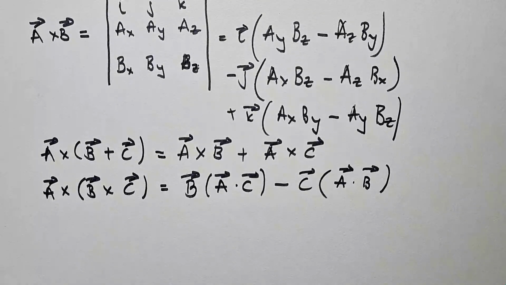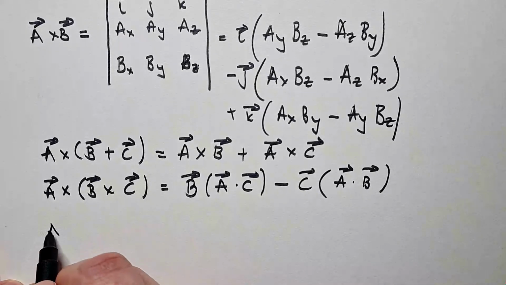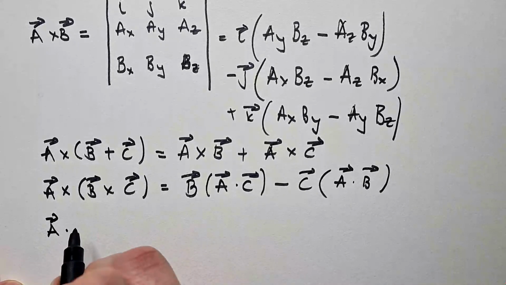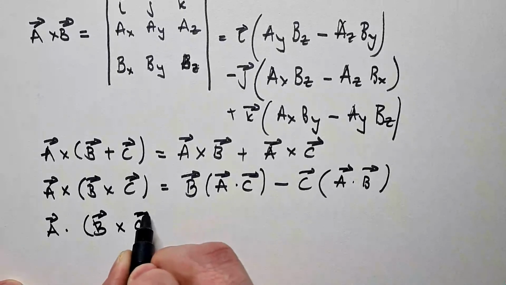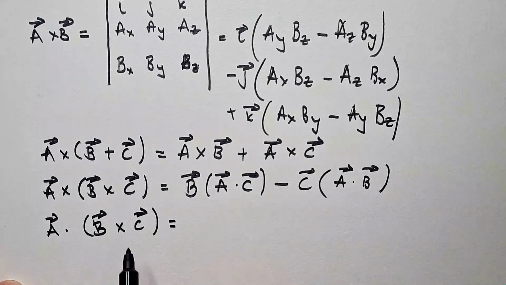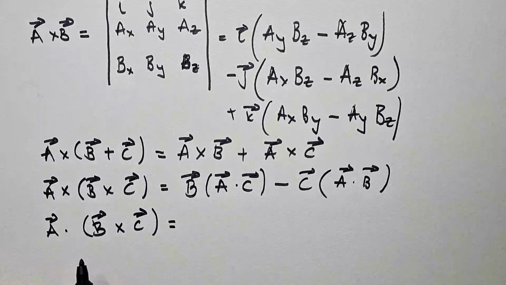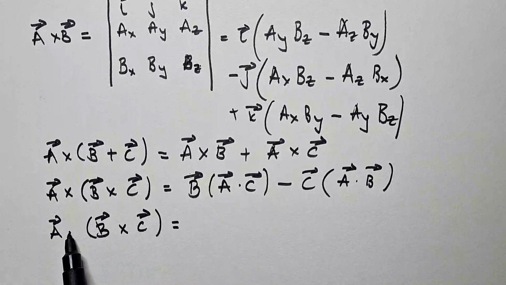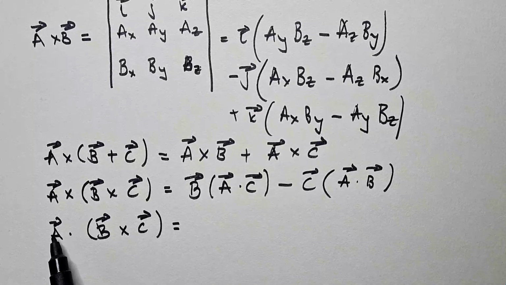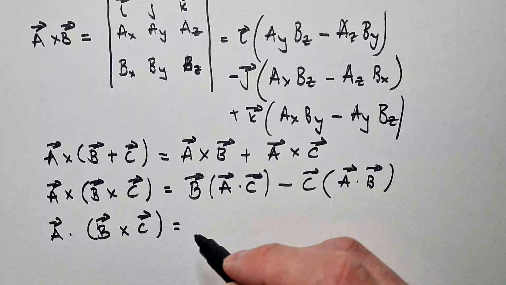Lastly, we also have something called mixed product, and that is A dot B cross C. And to calculate this, because remember, the result has to be what? Well, it has to be scalar, because this will be vector, and then I carry out dot product with this vector, so result has to be scalar.